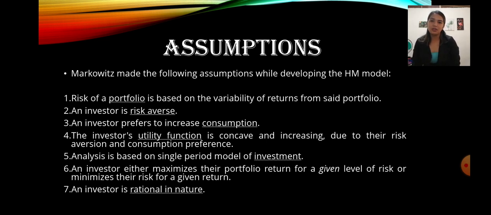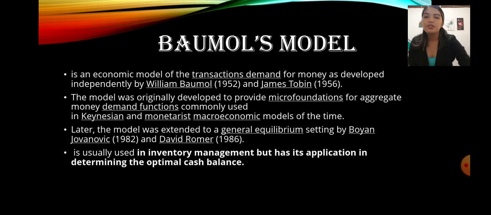So let's proceed to the other theory. This one is Baumol's model. This model is an economic model of the transactions demand for money as developed independently by William Baumol in 1952 and James Tobin in 1956.